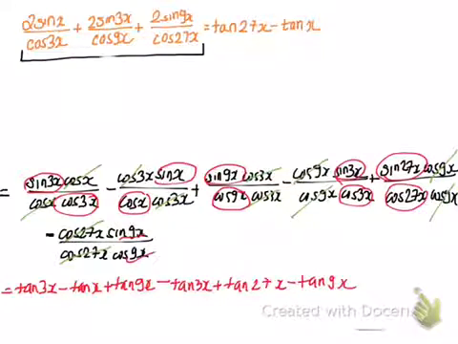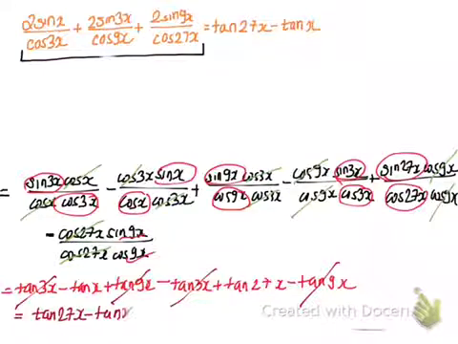So once again we can cancel negative tan 3x and positive tan 3x, positive and negative tan 9x. So finally we have tan 27x minus tan x, and this is our right hand side.